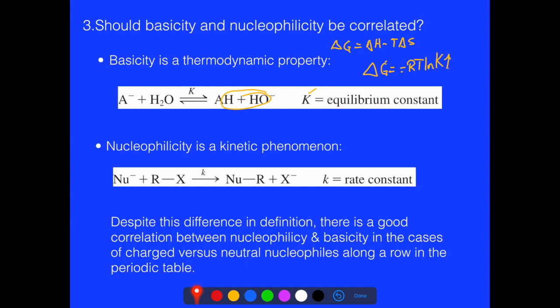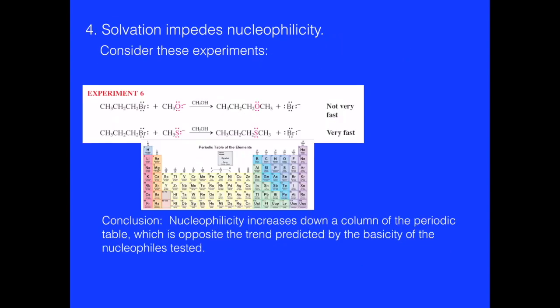All right, and so we generally see that once we're on the same row, like the oxygen and nitrogen that we're talking about, just reminding us. One of the things that we also need to talk about is the importance of solvation and how it impacts nucleophilicity. Now, it might seem a little bit weird because when we started this section, we talked about the importance of various aspects of the nucleophile to impact its nucleophilicity.